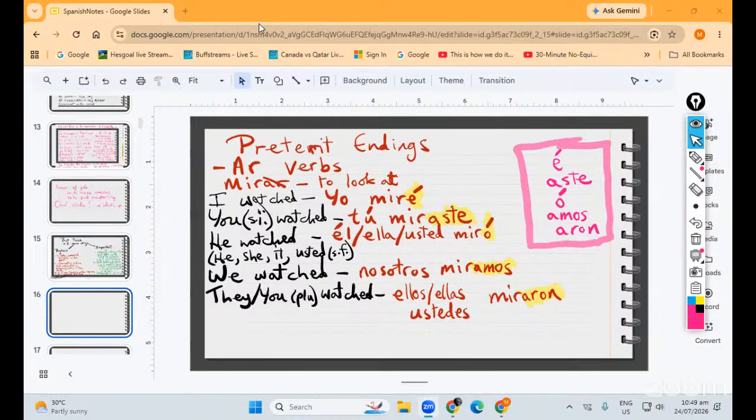Remember you have a link to a page that will take you to get the homework, right? And then you just open the PowerPoints and you can scroll down on your own to it, right? Yes, only the AR verbs in the preterite tense and the research, right?